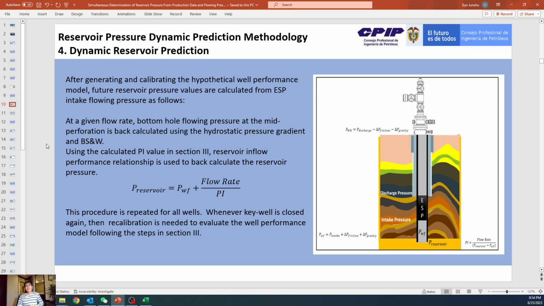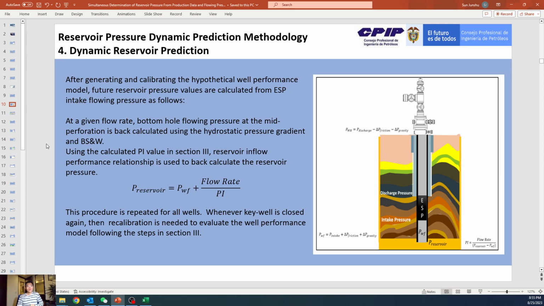Using the calculated productivity index value in section 3, reservoir inflow performance relationship is used to back calculate the reservoir pressure. Reservoir pressure equals flowing pressure plus flowing rate divided by the productivity index.